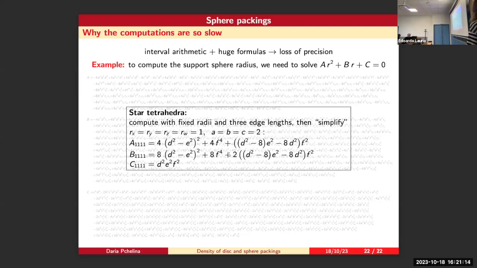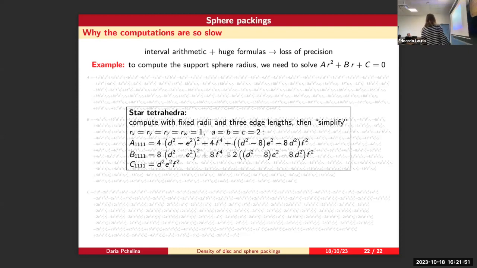So I will compute f of the intervals x, y, and z, and this is the interval for this, etc. And so when I do this, I will obtain an interval which will contain all possible values of f on this box. But if the function is really, really complex, if it's not just multiplication, addition, etc., it's a complex formula, then this interval will be really large, and it actually will be bigger.